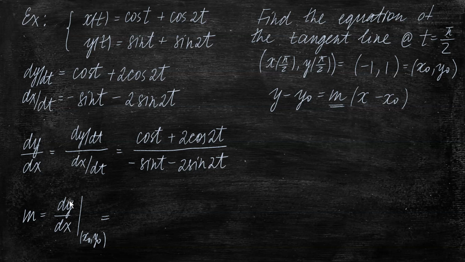But that's the same as evaluating all of this at t equal to pi over 2. So, continuing by plugging in pi over 2, 2 times that will be equal to pi.